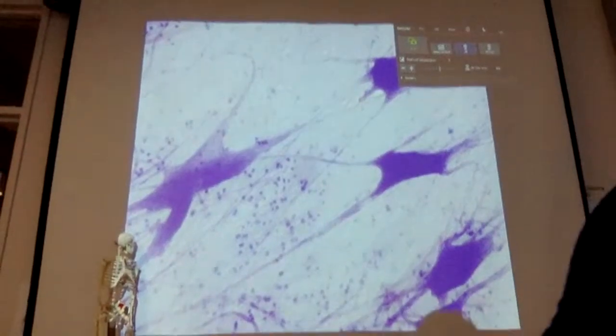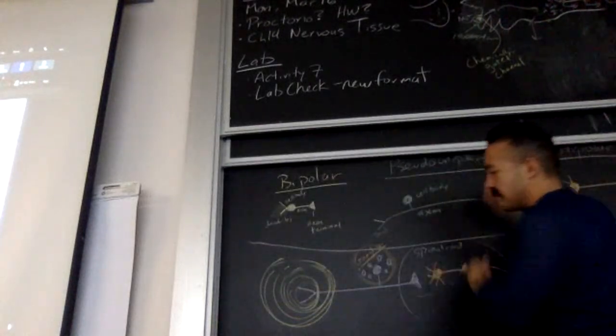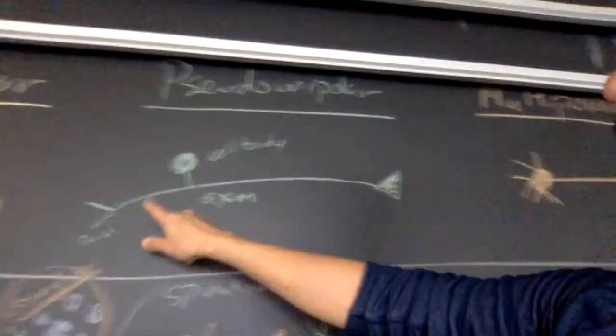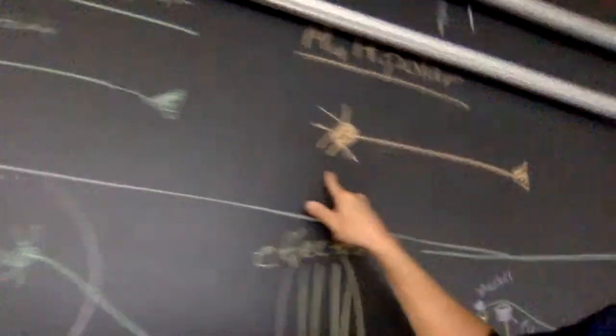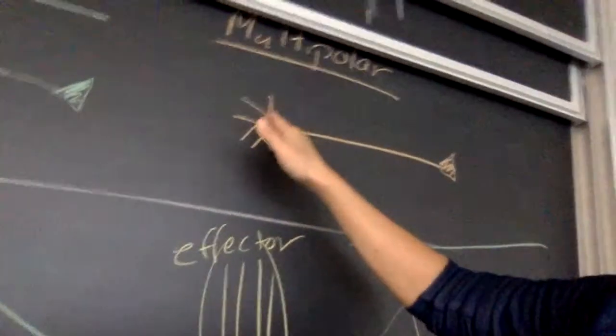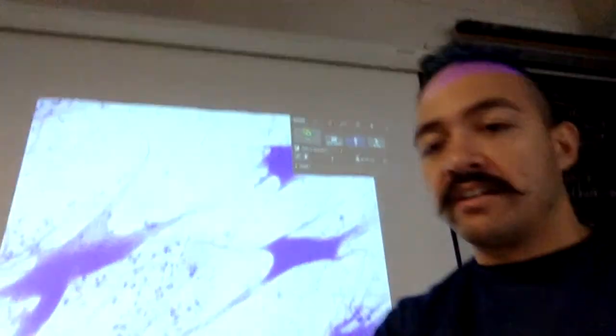If it's a pseudounipolar neuron, it goes straight from dendrites to axon. But if it's a bipolar or a multipolar, it goes in order from dendrites to cell body to axon. Hope that answers your question, Kelsey.